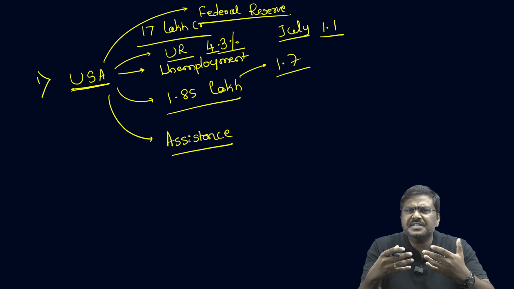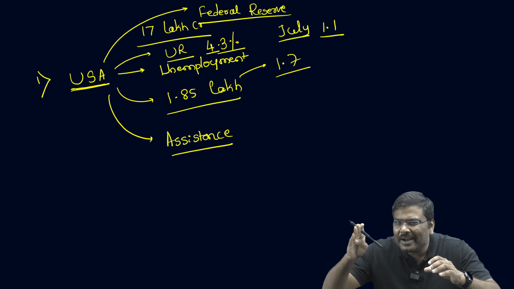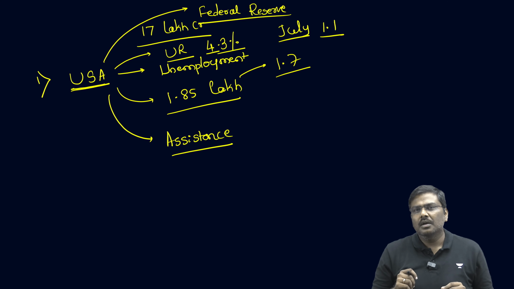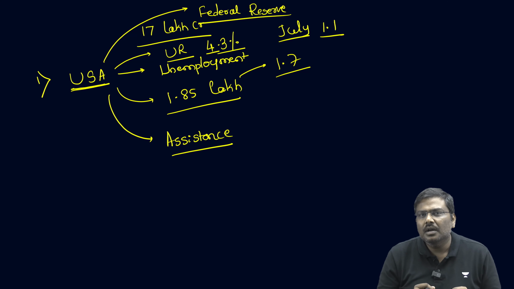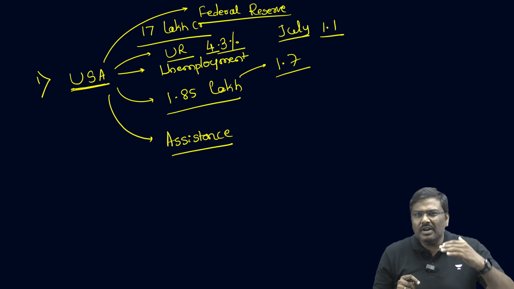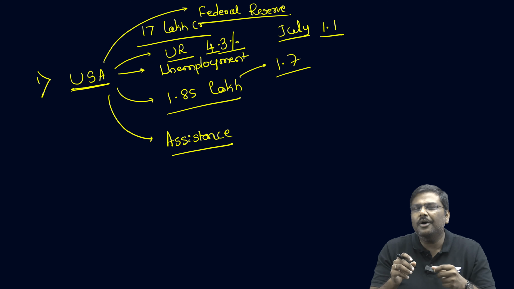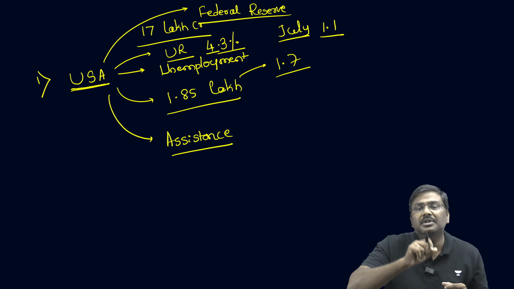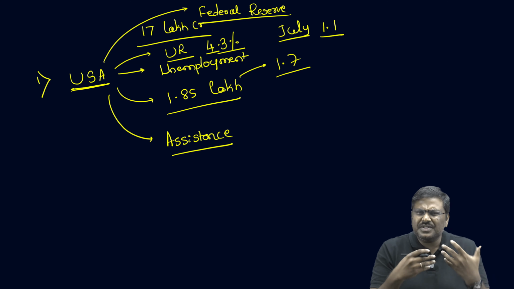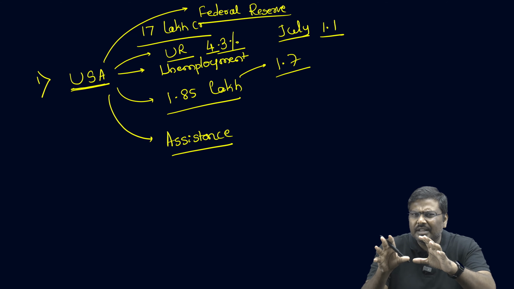It will promote investment in the economy, and that will help a higher economic growth rate in the USA. But in the recently concluded review, the Federal Reserve has decided that they will maintain the same interest rate, and looking at the situation right now, they would be cutting down the interest rates only in the month of September. And this was done in order to control the inflation rate in the USA market.